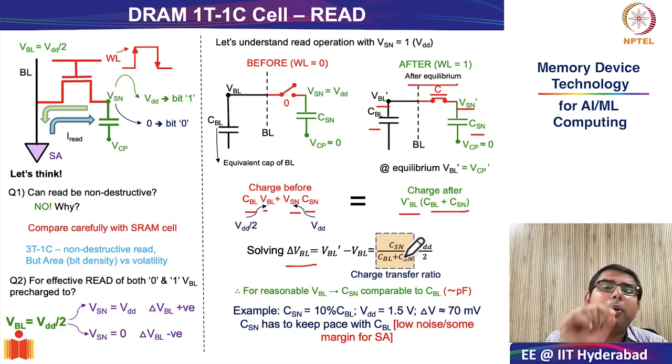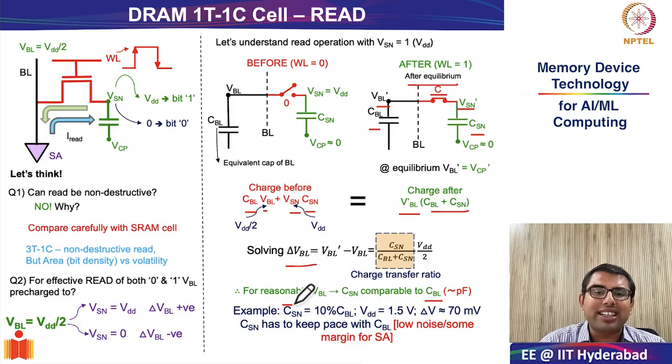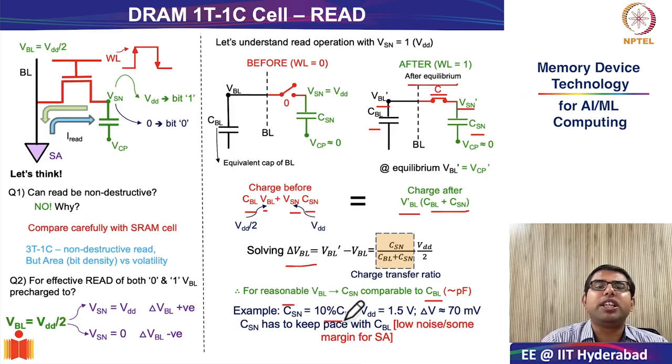Now let's start putting in numbers. The typical value for CBL is roughly on the order of picofarads. Just as an example, suppose the storage node capacitance is just 10% of CBL and VDD is typically 1.5 volts. We will see that delta VBL will be just 70 millivolts.